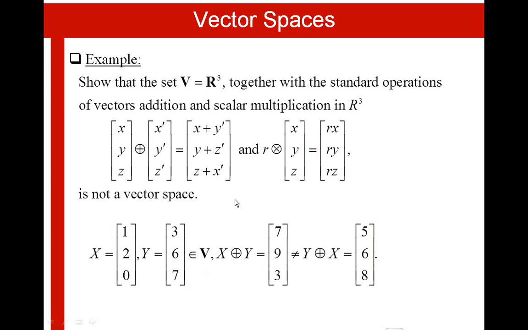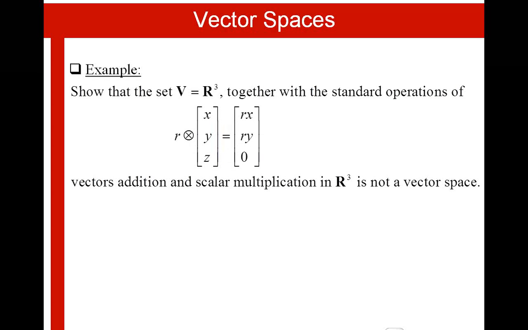But we note here, as per the rule, that x plus y is equal to (7, 9, 3), whereas y plus x is equal to (5, 6, 8). And since the outcomes of both of these operations are not equal, the addition under this rule is not commutative, and therefore the set V is not a vector space.